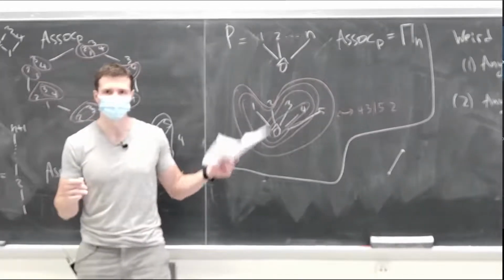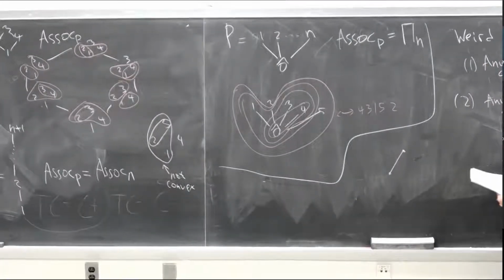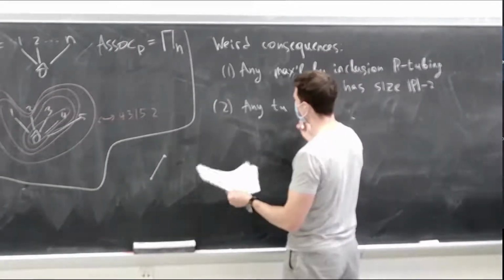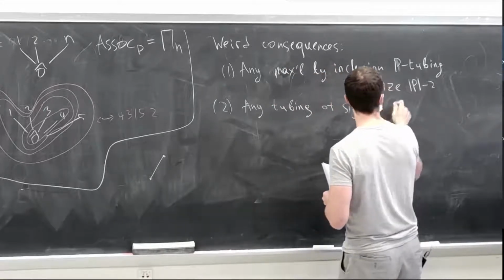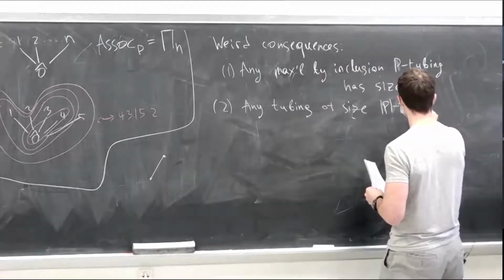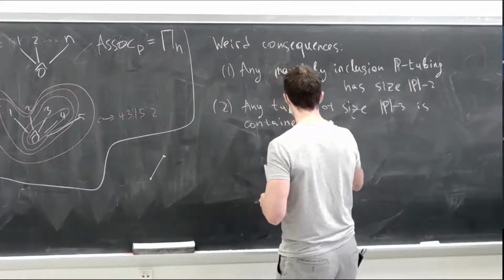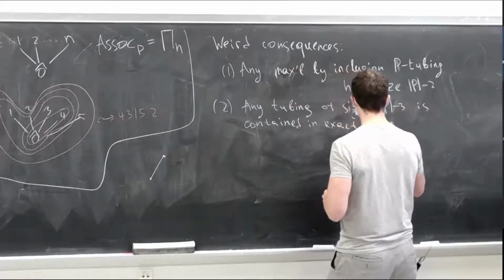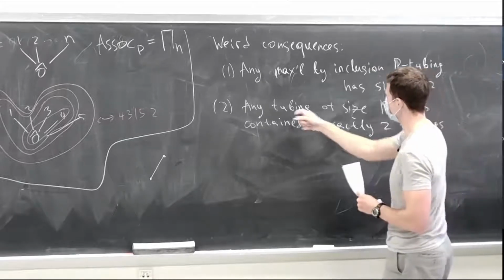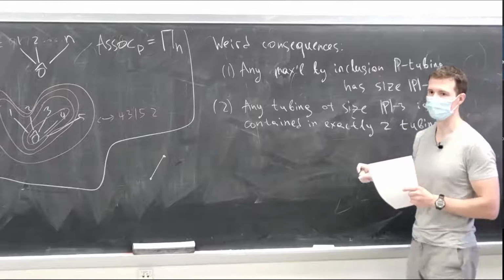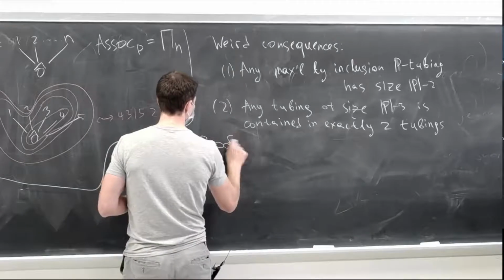I don't ever in the paper prove this separately. There's a whole bunch of statements you can get out of the fact that it's a polytope. So, for example, any tubing of size 1 less, P minus 3, is contained in exactly 2 tubings. So every edge contains exactly 2 vertices. But yeah, that's an exercise.